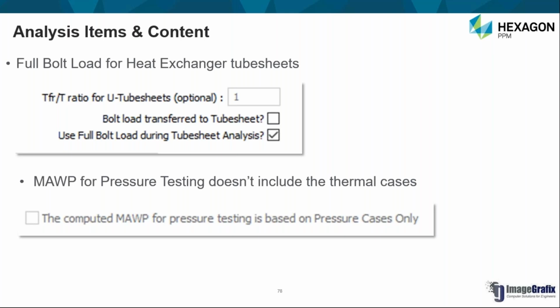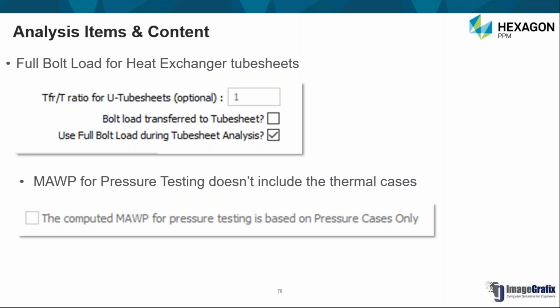Okay. Then the next thing was the calculation of the MAWP for the pressure testing. For heat exchangers, as they operate at different pressure and temperature on each side, you really can't just calculate the MAWP for the whole thing. But as you know, PVLite does calculate the MAWP for a specific set of design conditions, which can then be used to determine the hydro test pressure.